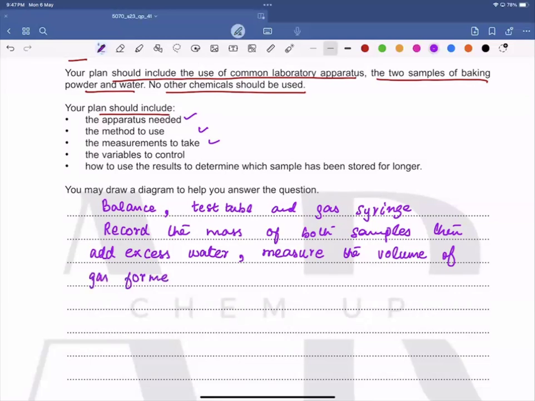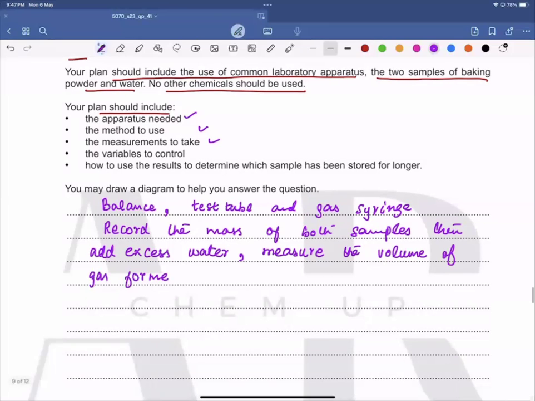So if you see, we are done with both the things. Now variables to control. So the variables must be one thing, that same mass of both the samples. That's how we are going to identify which one is producing the greater volume.